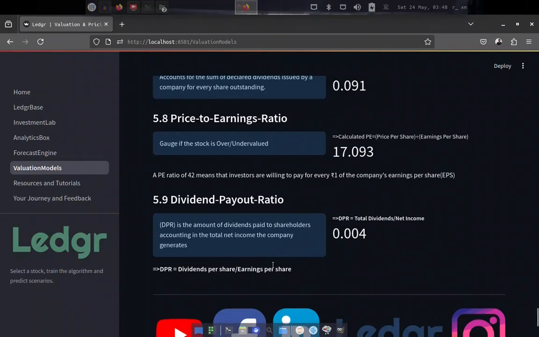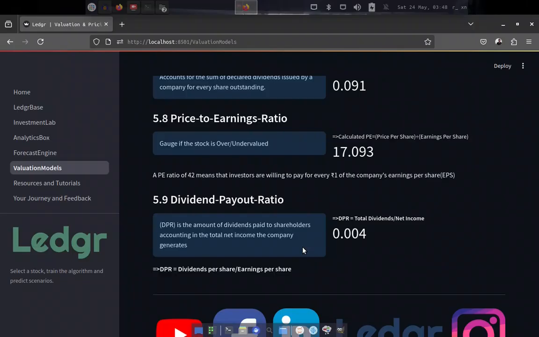The last but not the least is the dividend payout ratio, which is the amount of dividend that is paid to shareholders, accounting for the net income the company generates. So if a company generates a total amount in income, then based on that they shell out dividends.